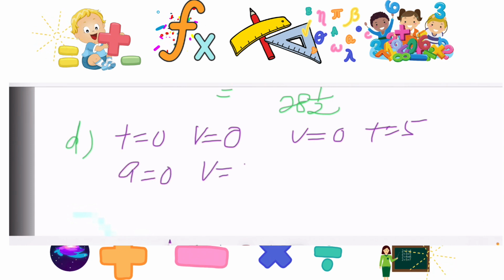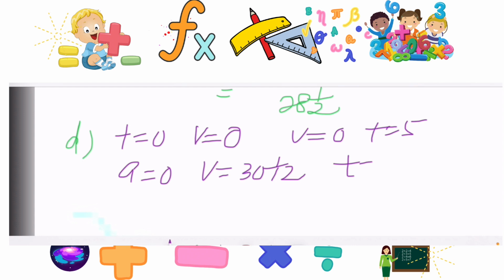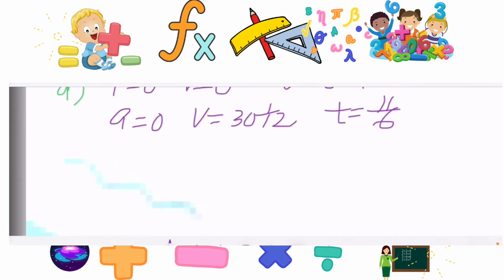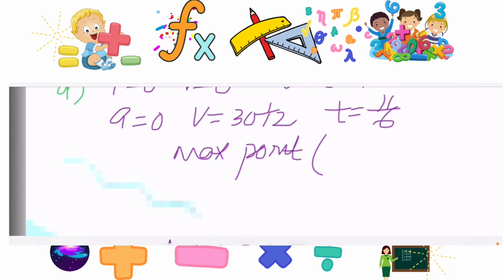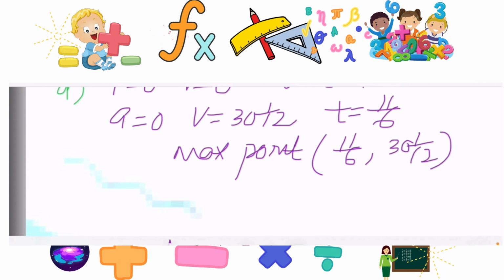When a is 0, velocity is 361 over 12. All this information will help us to plot the graph. And the velocity maximum happened at time 11 over 6 seconds. So we need to jot down the maximum point, which happened at 11 over 6 and 361 over 12.